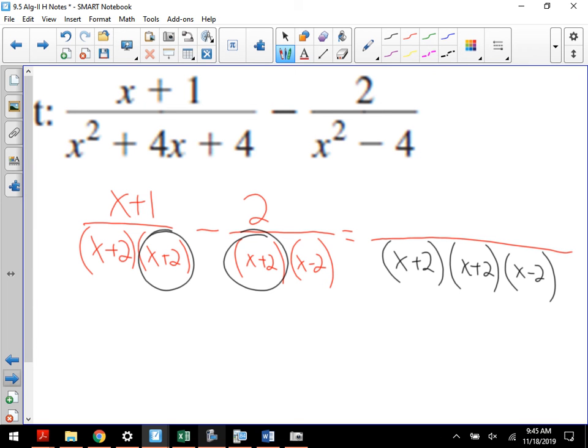That's what's left. There's your common denominator. First fraction. It has 2 of the x plus 2's. What does it need? X minus 2. Fraction on the right has a plus 2 and a minus 2. It needs another x plus 2.